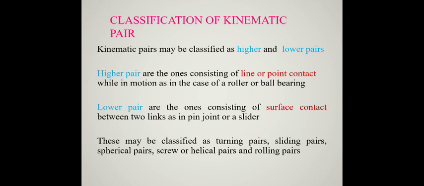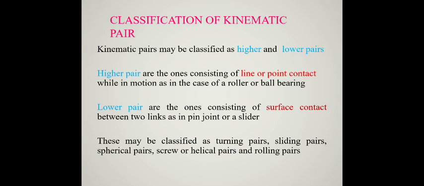Means when two kinematic links are connected with each other by a line or a point contact, right? For example, ball bearings, or a sphere connected with a link, then the contact between the sphere and link is a point contact. So the pair formed is a higher pair.